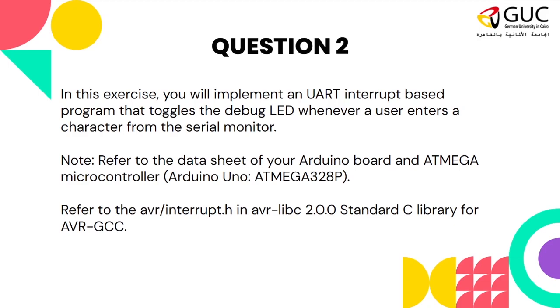But now we want to implement an interrupt-based program, which means that our program works normally, but whenever an interrupt comes, it stops in the middle and we go to the ISR, the interrupt service routine. It deals with the interrupt, and then we get back to wherever we were stopped by the interrupt.